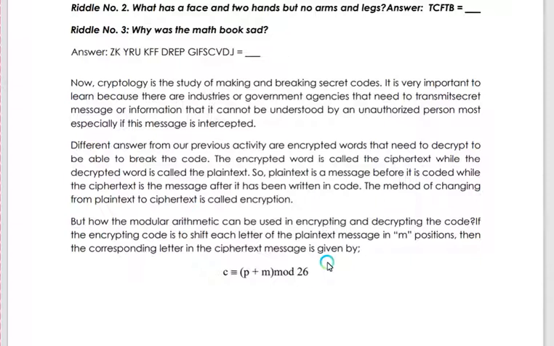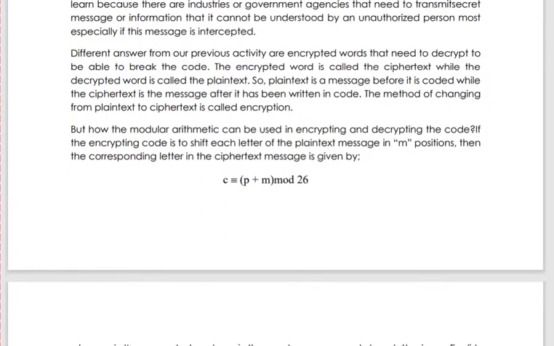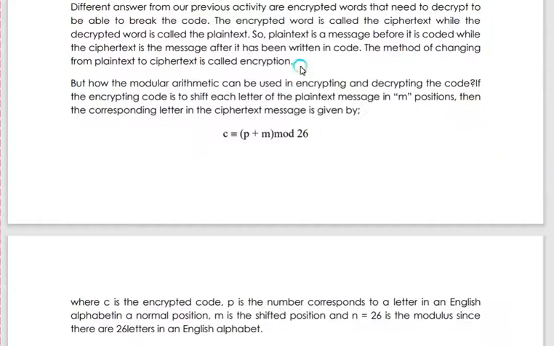If the encrypting code is to shift each letter of the plain message in M positions, then the corresponding letter in the ciphertext message is written by this one. Take note, so we have this one. If you will be shifting in a certain position, so for example, where C is the encrypted code, so amo natin yung position, so P is the number nga correspond sa kung ano siya nga letter sa English alphabet in normal nga position.